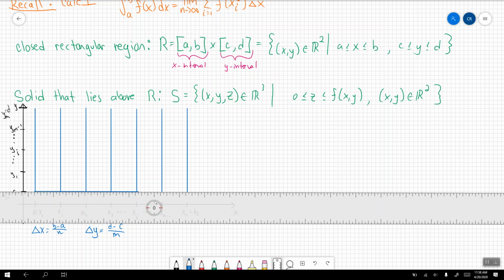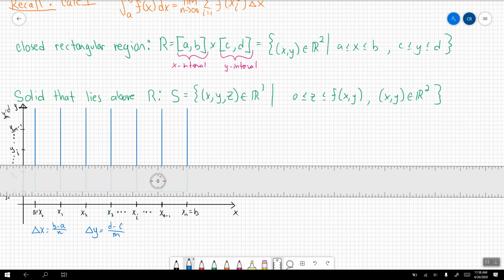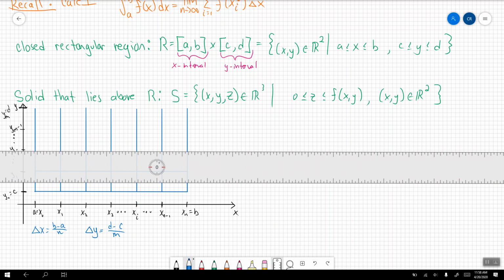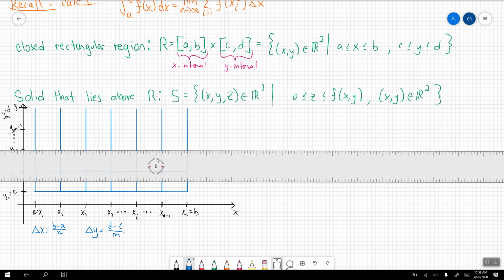But again, first I want to make sure that we go through the process of creating these rectangular regions. That way we can see how these rectangular regions were developed, and then using GeoGebra we can see how we're going to talk about them and how we're going to keep using them to our advantage moving forward through the rest of the semester.